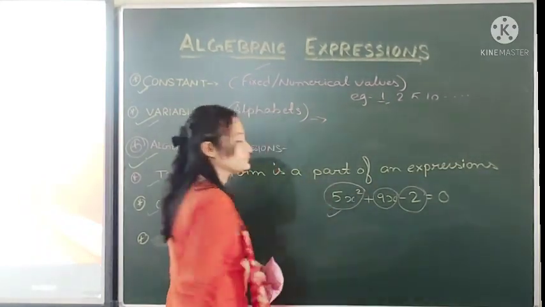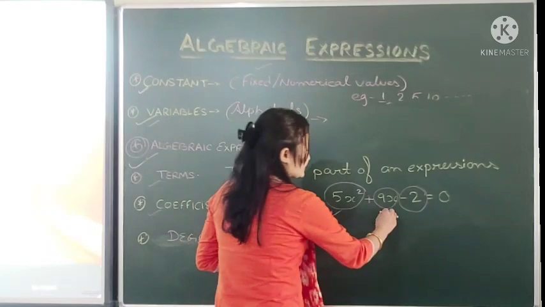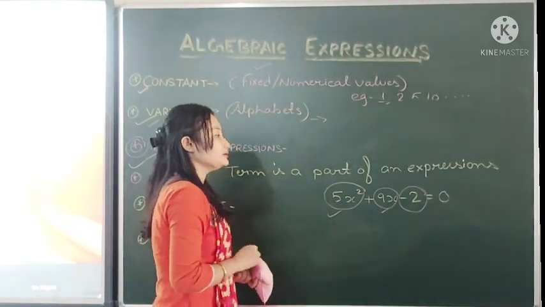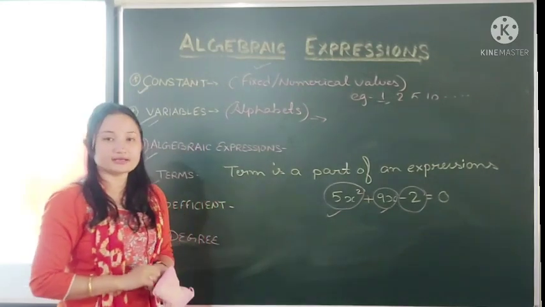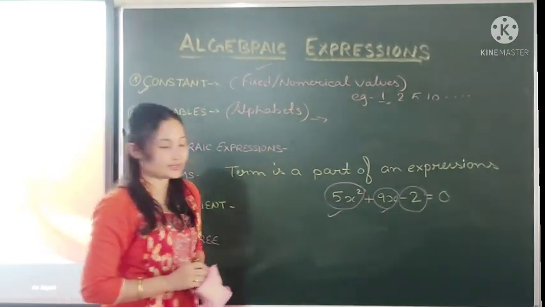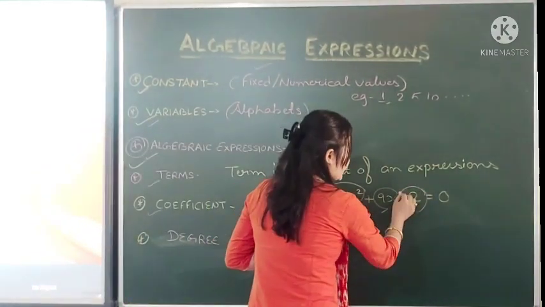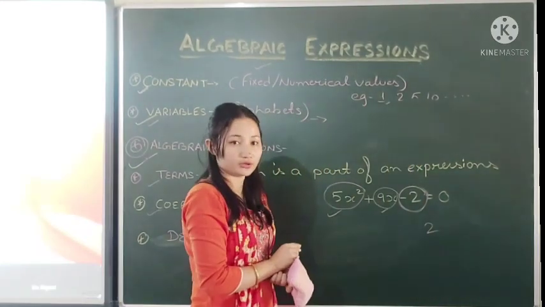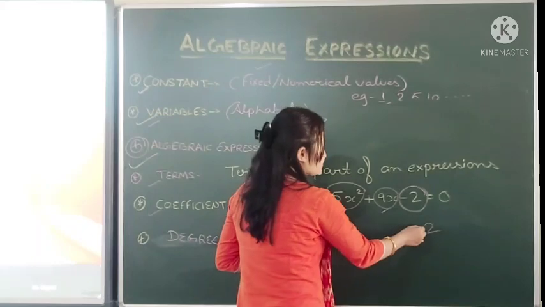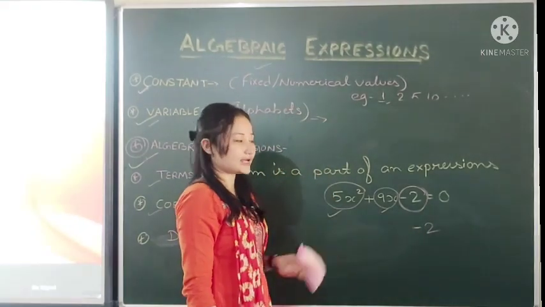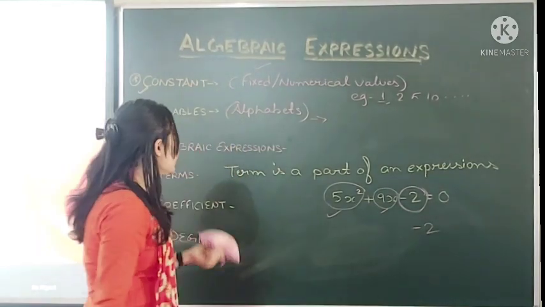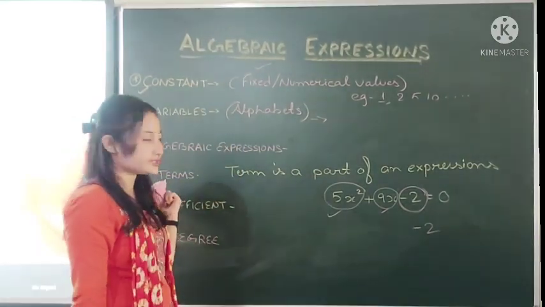In the same way, 9x is the second part of this expression, and just remember, if you get a negative sign you need to carry it too. So in the third part we are getting minus 2, that means you cannot write only 2 as a term. We have a negative sign, so write the negative sign also as a part of the term. So I hope, dear students, this term is also clear to you all.